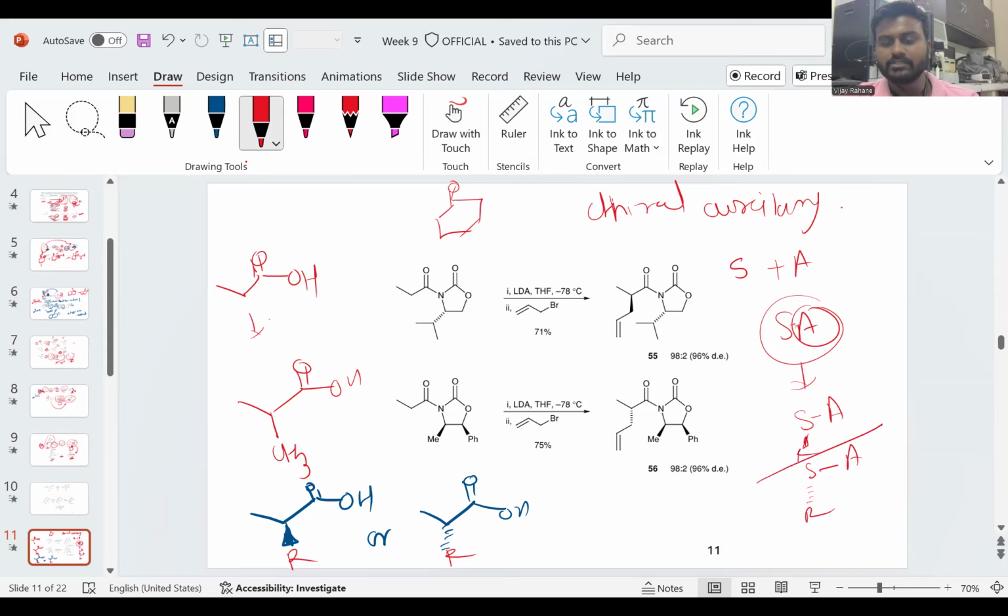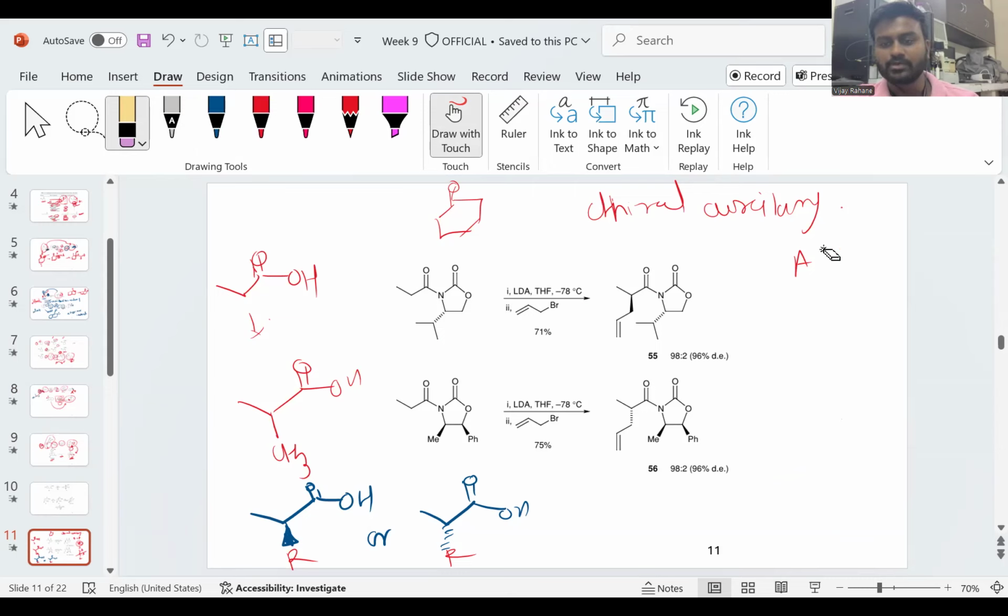Further, upon reaction, we can finally cleave the bond between S and A, the starting material and the auxiliary, remove the auxiliary, and we get the desired product.